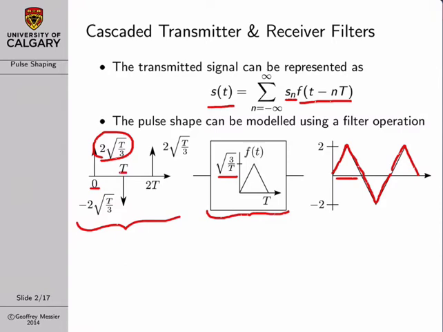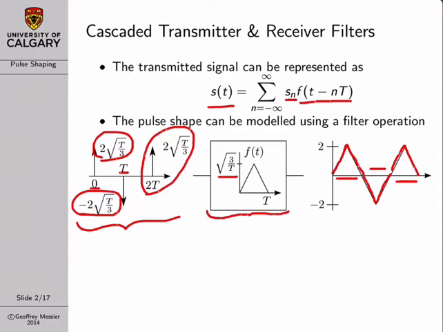The second impulse occurs at time T. It has a weight of -2 root T over 3, and it produces a negative pulse. Then the final impulse occurs at time 2T and has an area of 2 root T over 3, and that produces the last pulse.